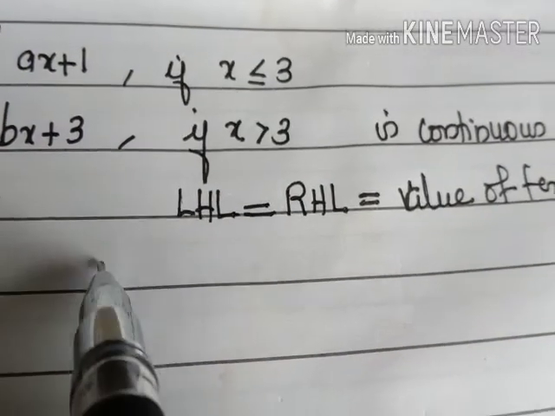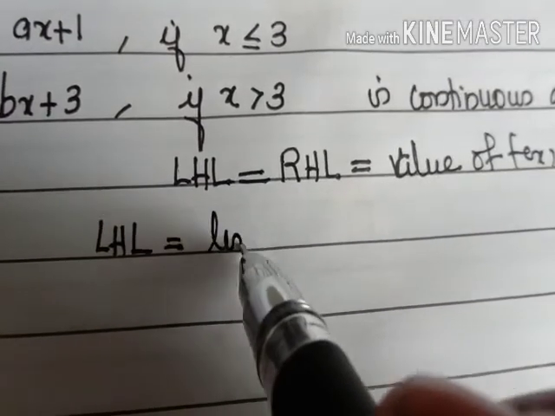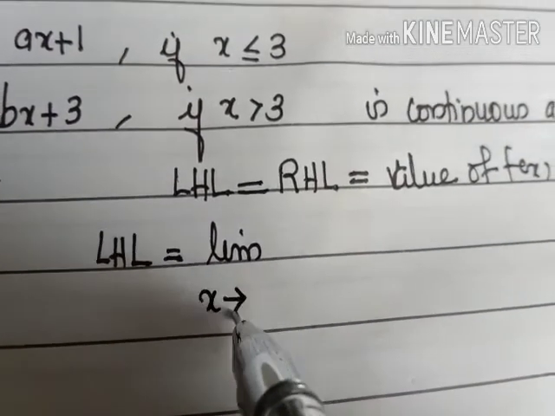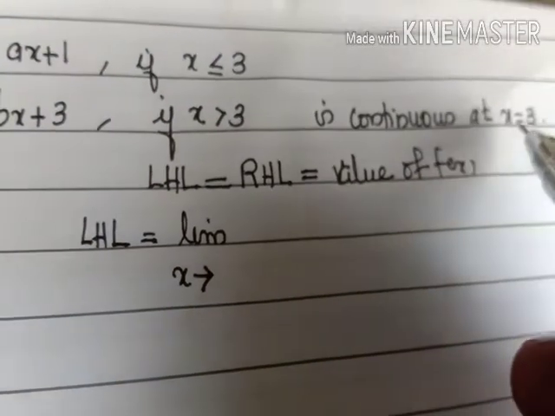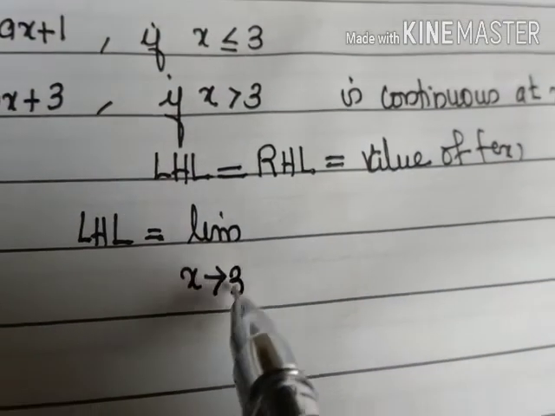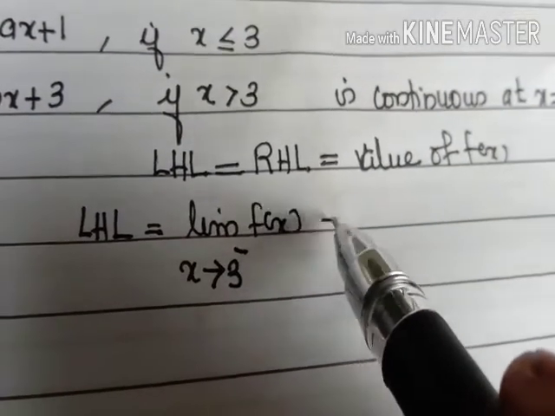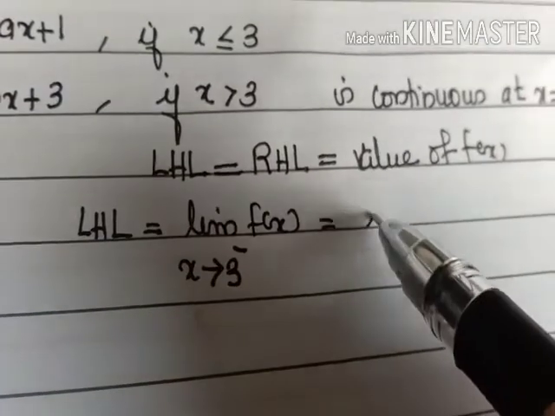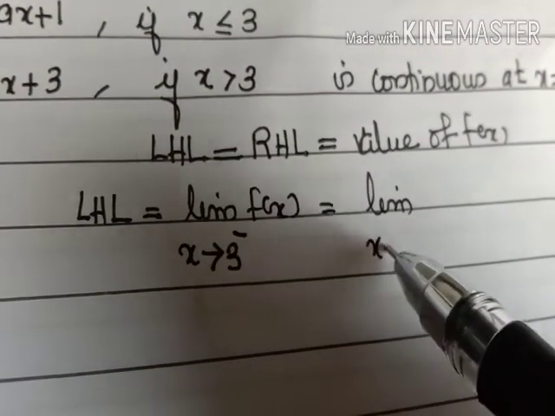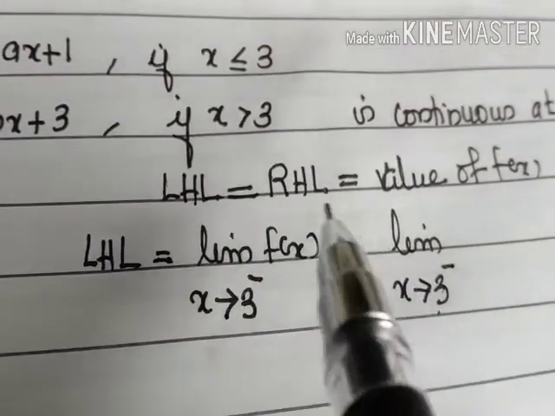Let's see. First we have to see the left hand limit. By definition, left hand limit is limit x tends to, what is the point here? x equal to 3. So left hand limit is limit x tends to 3 minus f of x. Now replace f of x. Limit x tends to 3 minus means less than 3.